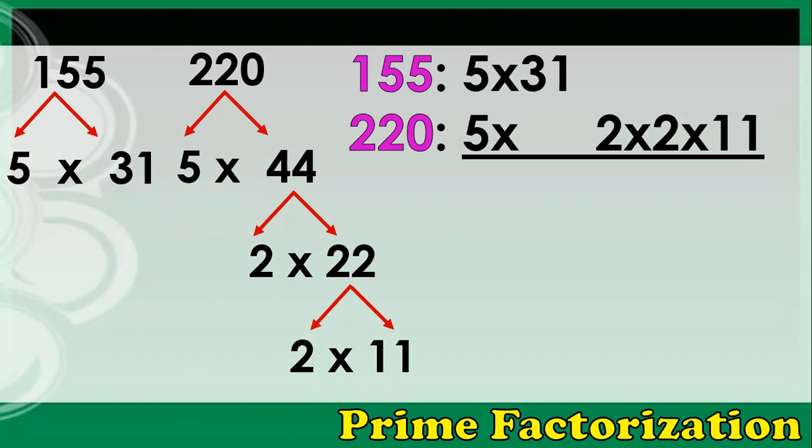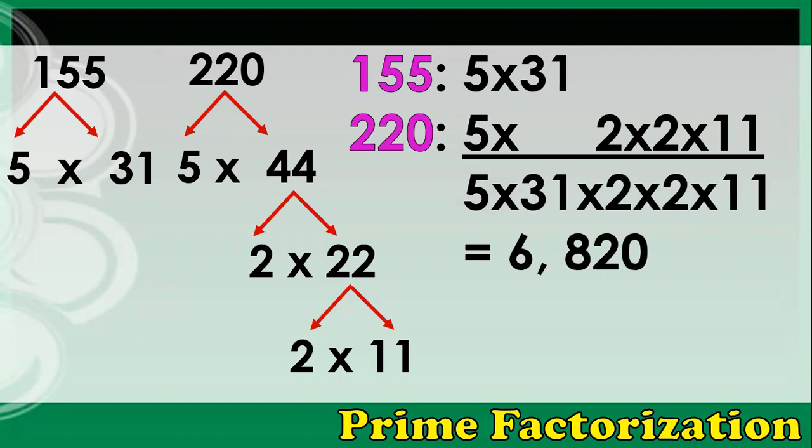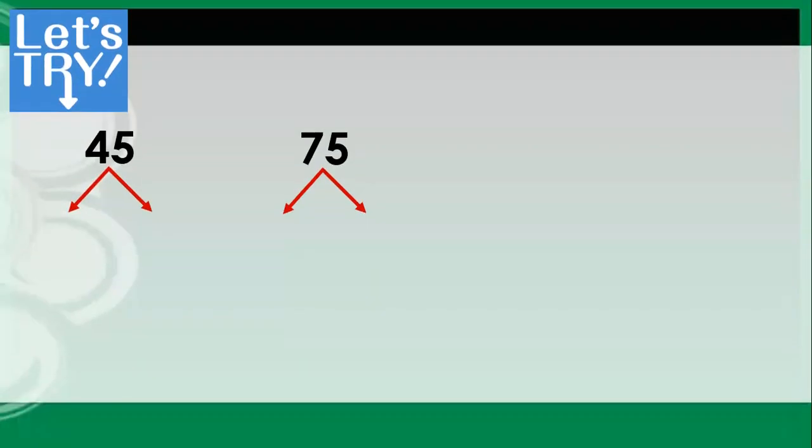And we're going to multiply all the factors of 155 and 220. We have 5 times 31 times 2 times 2 times 11, that is equal to 6,820. So, the least common multiple of 155 and 220 is 6,820.